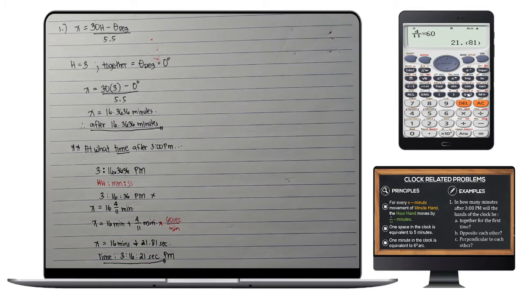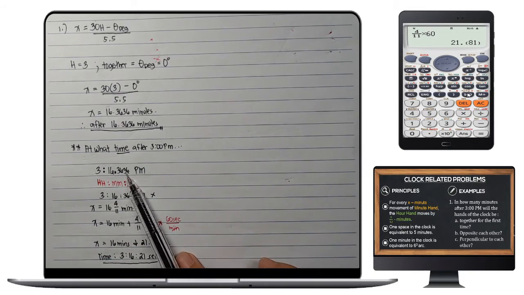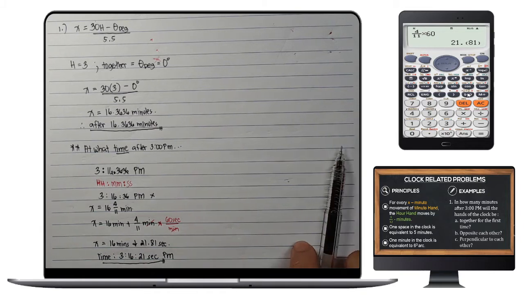So, kung board exam yan, it might be tricky. So, surely, magiging tricky. Rest assured, sigurado, lalabas sa choices si 3 and 16.3636 p.m. And on most cases, nasa letter A yan. So, that is wrong. Because wala naman tayong format na decimal sa ating time format. So, instead, use these answers. 3 and 16 and 21 seconds.